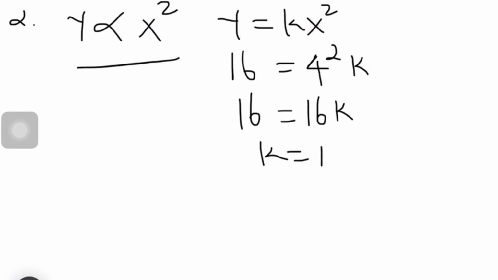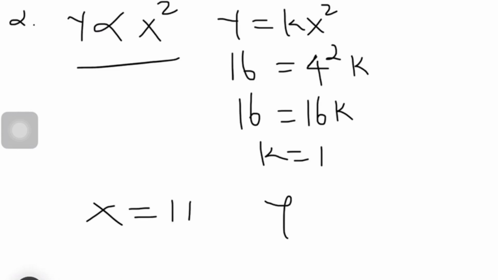And then now you have to find the value of y when x is equal to 11. What is y? You have to find the value of y when x is equal to 11.